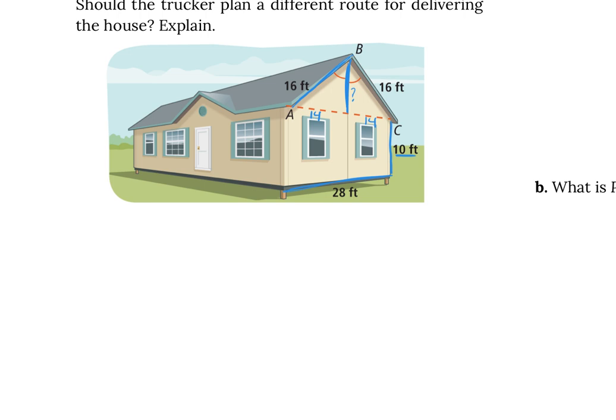My Pythagorean theorem is a squared plus b squared equals c squared, where c squared is my hypotenuse, which would be the 16. And then my a and my b are the other sides. So I can set this up: a squared plus 14 squared equals 16 squared.